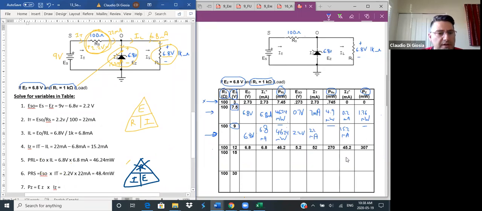I can pencil it in here, PRS, this column right over here, 48.4 milliwatts.